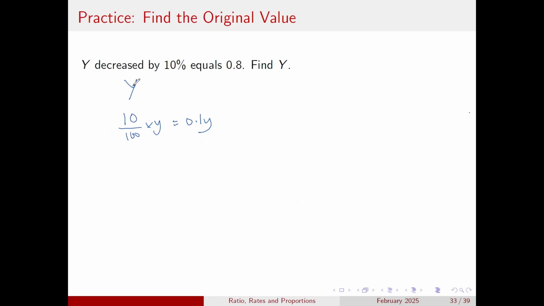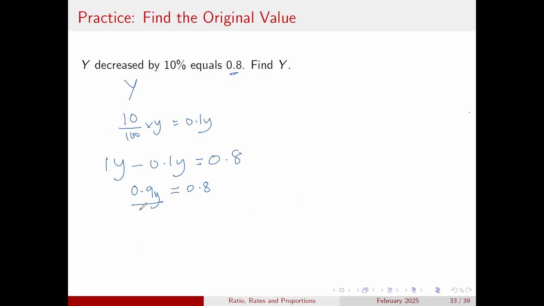So to decrease this y by 10% of y, I have y minus 0.1y, and we are being told that is equal to 0.8. So 1y minus 0.1y is 0.9y, and that's equal to 0.8.